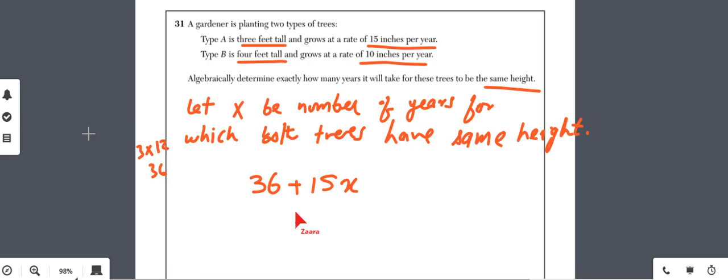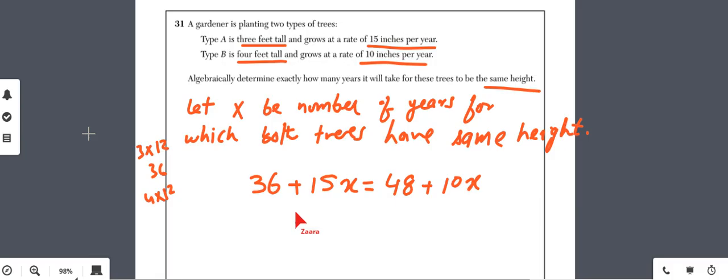This is with the help of the equation y equals mx plus b. That will equal 4 feet, which is 4 times 12 inches, that is 48. So 48 inches plus 10 inches per year, x. Now what do I have to do?